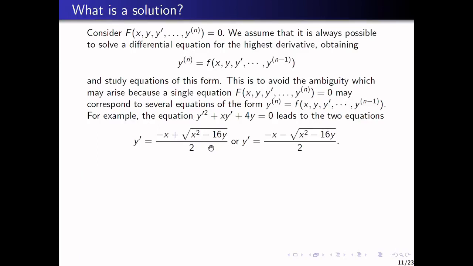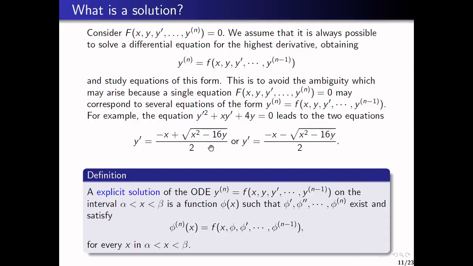Now, there are two types of solutions possible. One is called explicit solution and another is called implicit solution.